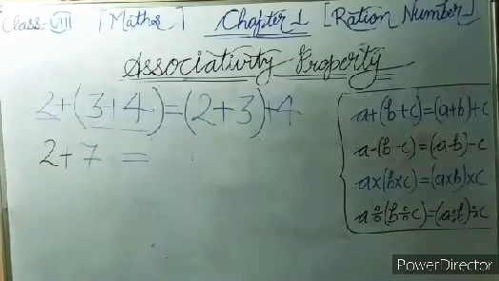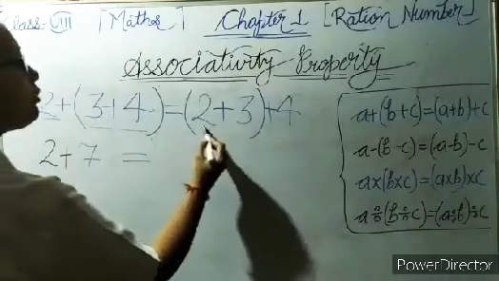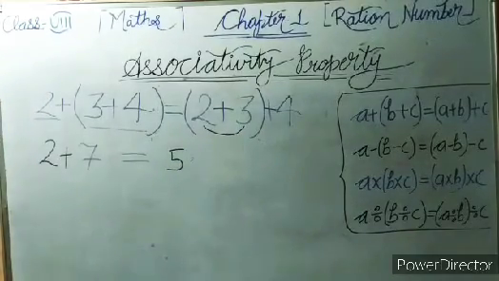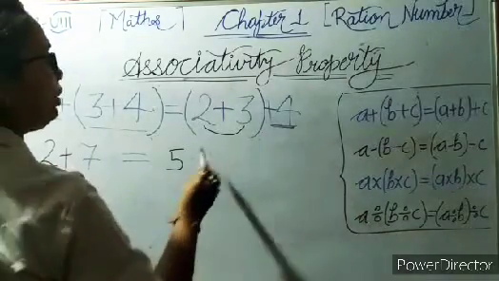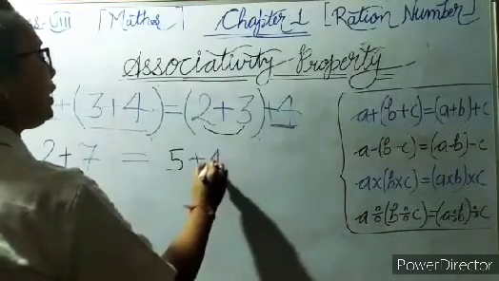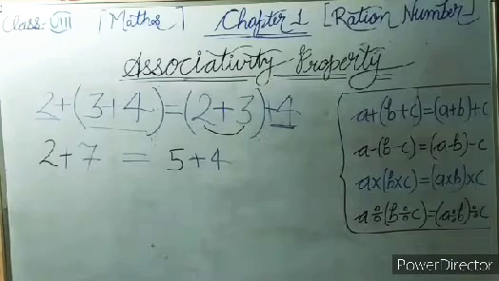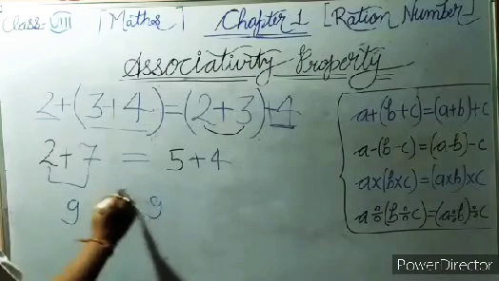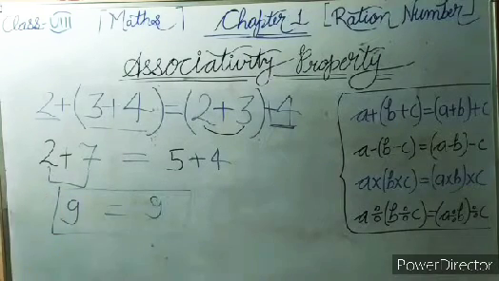Here 2 plus 3 gives 5, and this is our alone number plus 4. Now we solve both: 7 plus 2 is 9, and 5 plus 4 is 9.